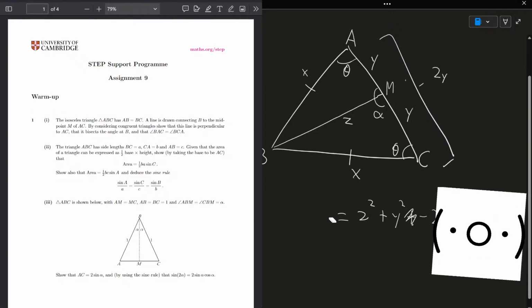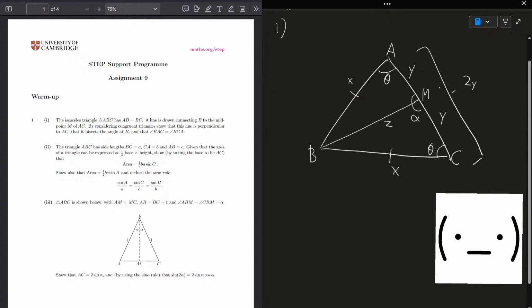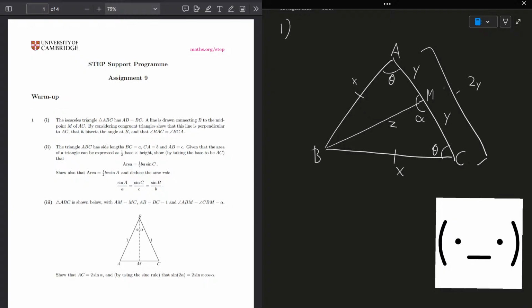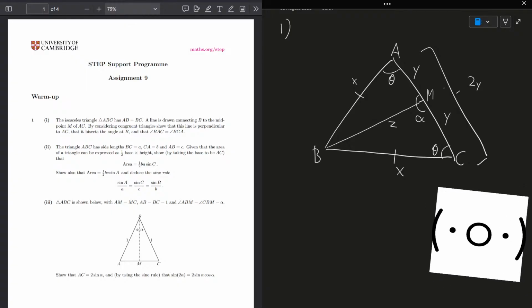I feel like we need to use the fact that it's the midpoint, specifically the midpoint. Okay, maybe we figure out if it bisects B. Maybe that's easier.